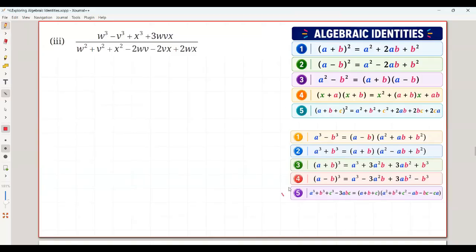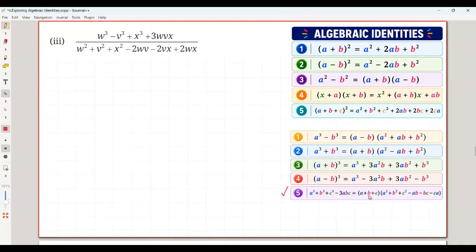Okay, fifth identity: a cube plus b cube plus c cube minus 3abc. This identity is given. So we have to write this one in the form of a cube plus b cube plus c cube, here w cube minus v cube.